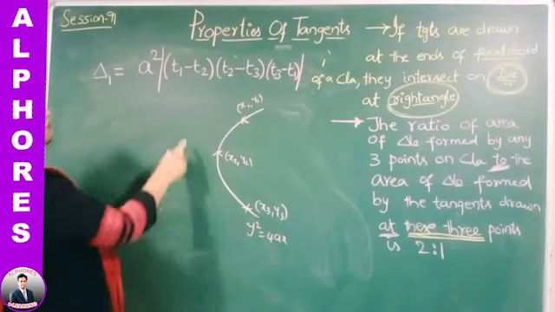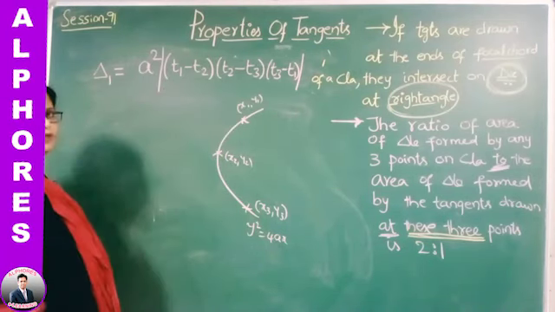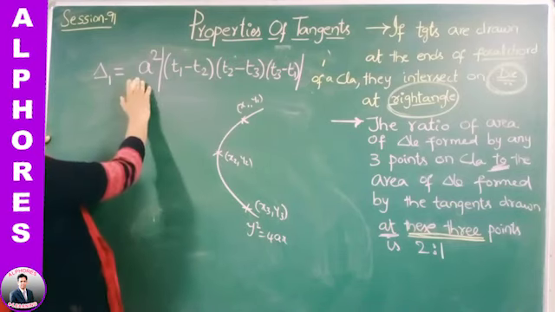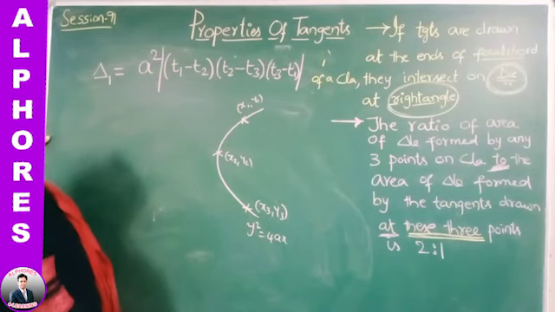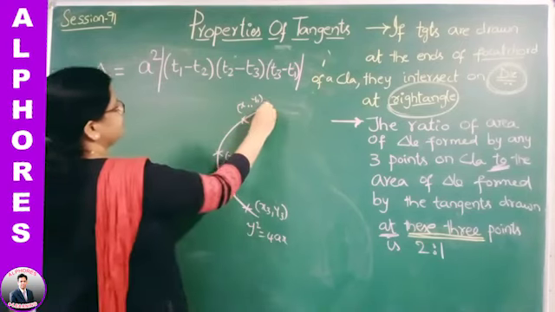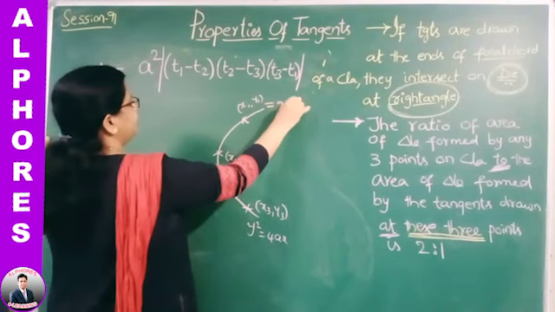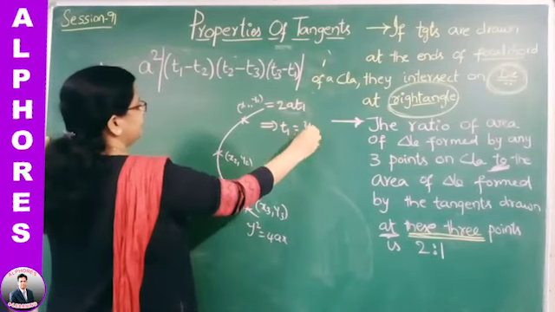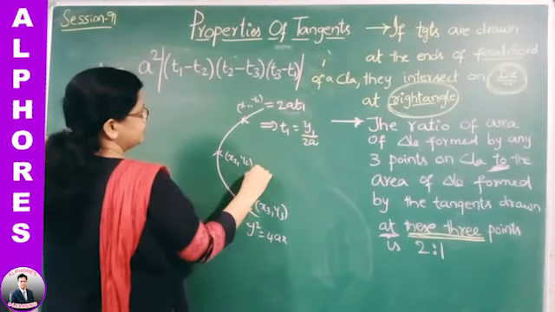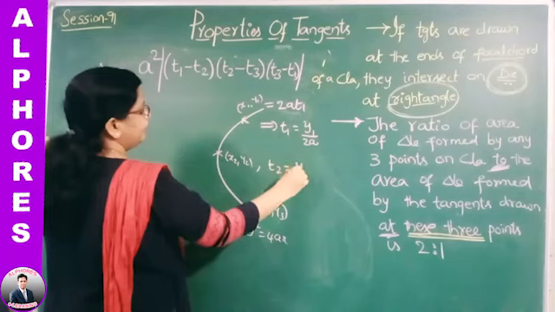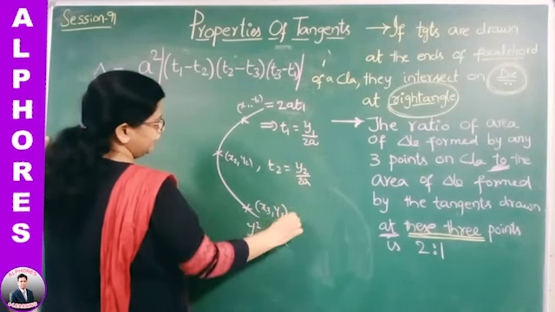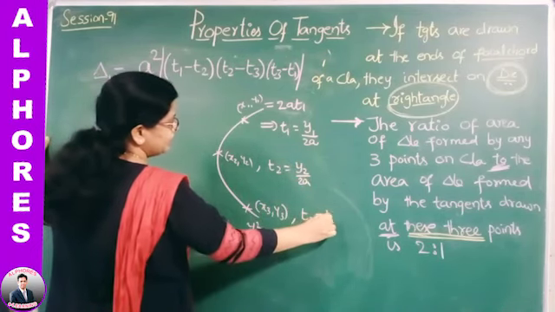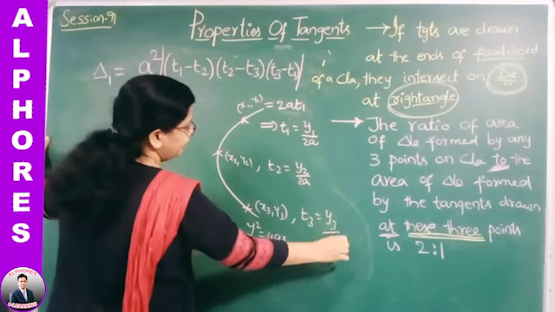Then if you can remember this formula, a squared into this entire thing, then you can make use of this: y1 is 2a t1. That implies t1 is y1 divided by 2a. Similarly t2 equals y2 divided by 2a, and similarly t3 is y3 divided by 2a.